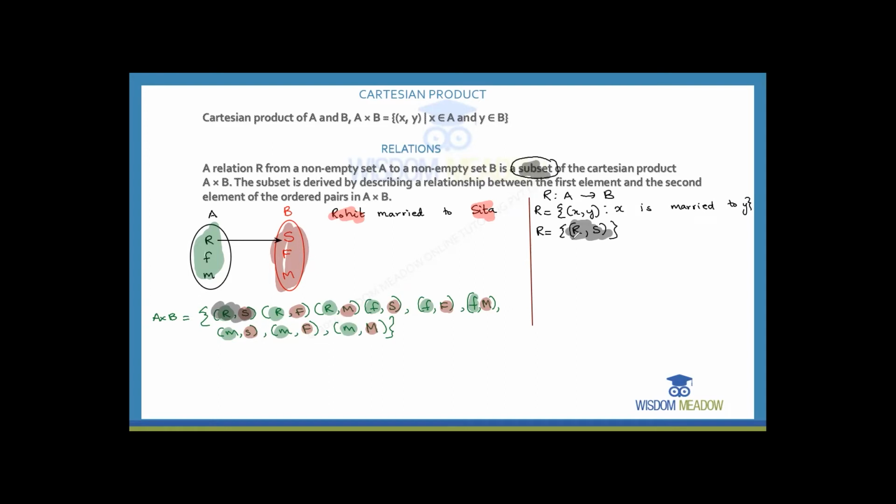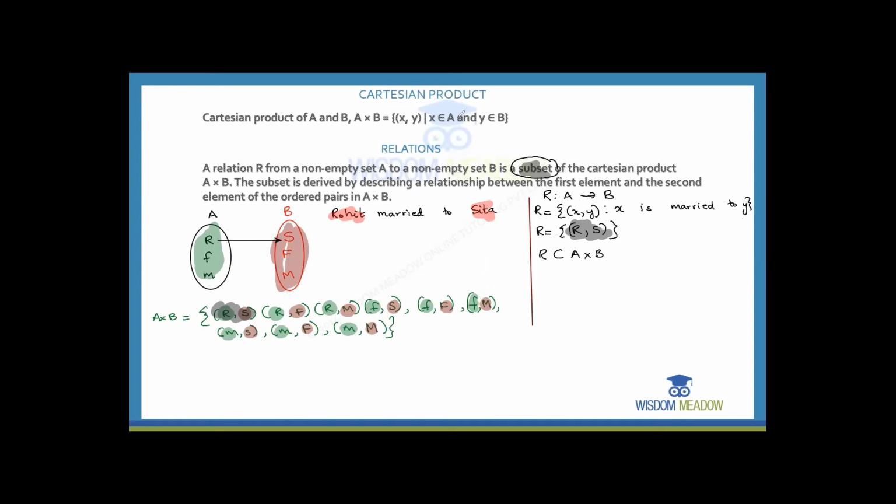So we can say that R is a subset of A cross B. So whenever you learn, always learn connecting the things what you have learned before so that you can remember the concepts and apply them easily. So if you have a doubt with subset, please check the link below of the previous slide.